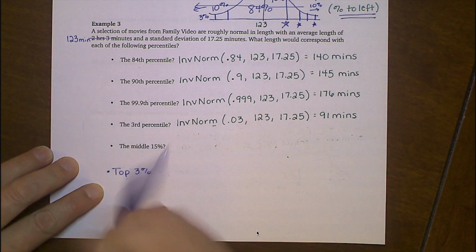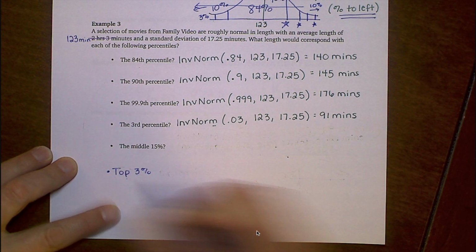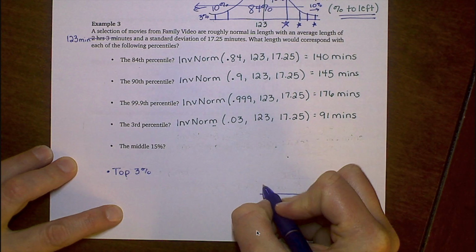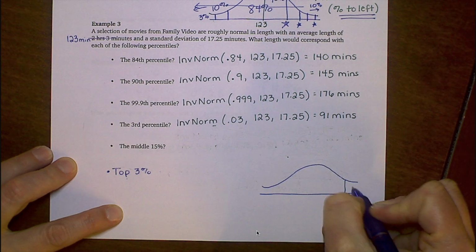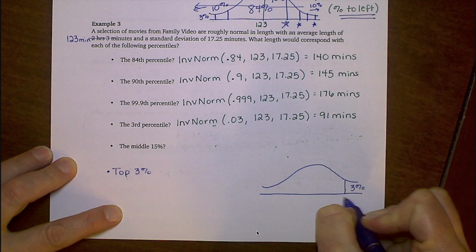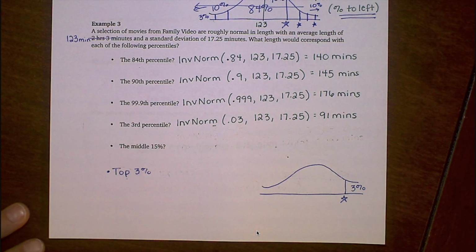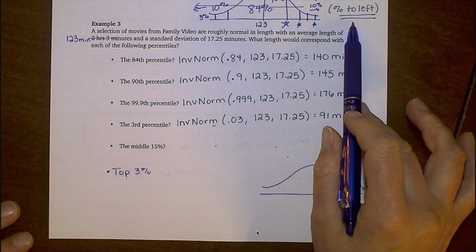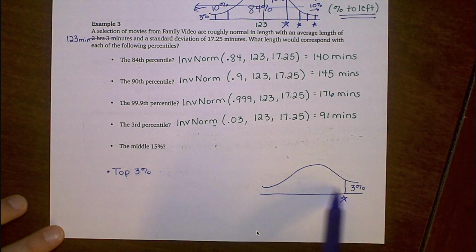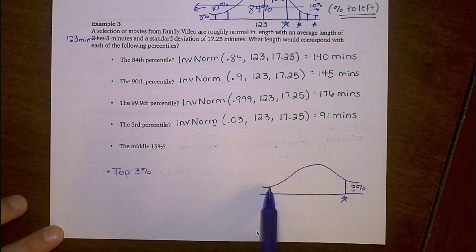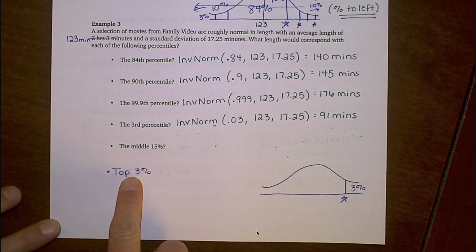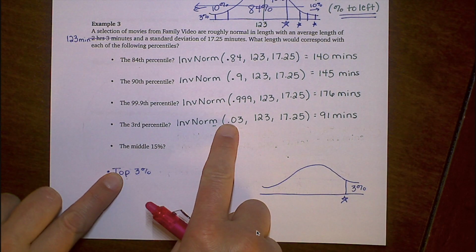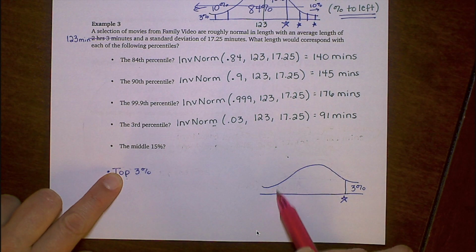When you're dealing with questions about the top data, if you are looking for 3% data over here, in order to use inverse norm, we have to think about what data is to the left of that line, not what data is to the right. It's not hard math, but we have to remember to do it. If I'm looking for the top 3%, I do not want to put in 0.03, because that's going to give me some number way over here.